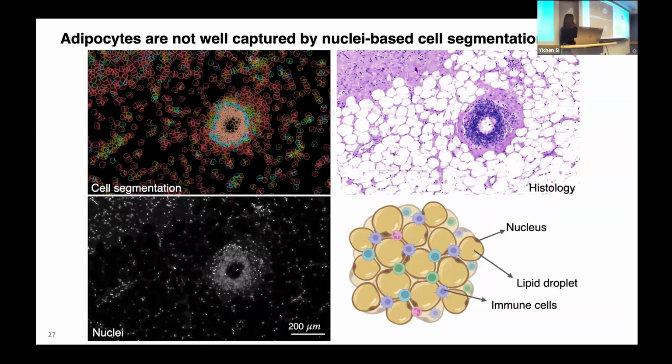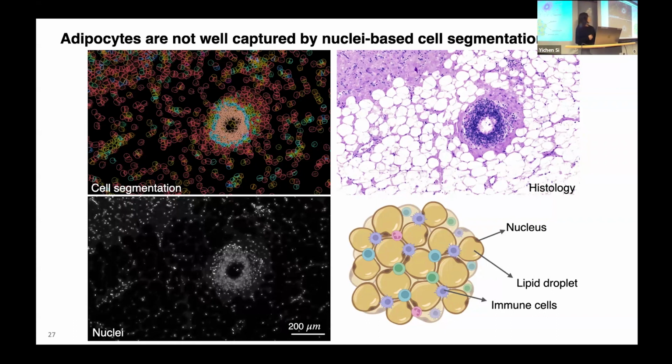So on the top right is the histology image, that shows the adipose tissue. So here we have this empty spot because adipocytes have a large lipid droplet where barely any RNAs are present. For adipocytes, the nuclei is tiny and located at the boundary of the adipocyte. And often there are other immune cells located between the big adipocytes.